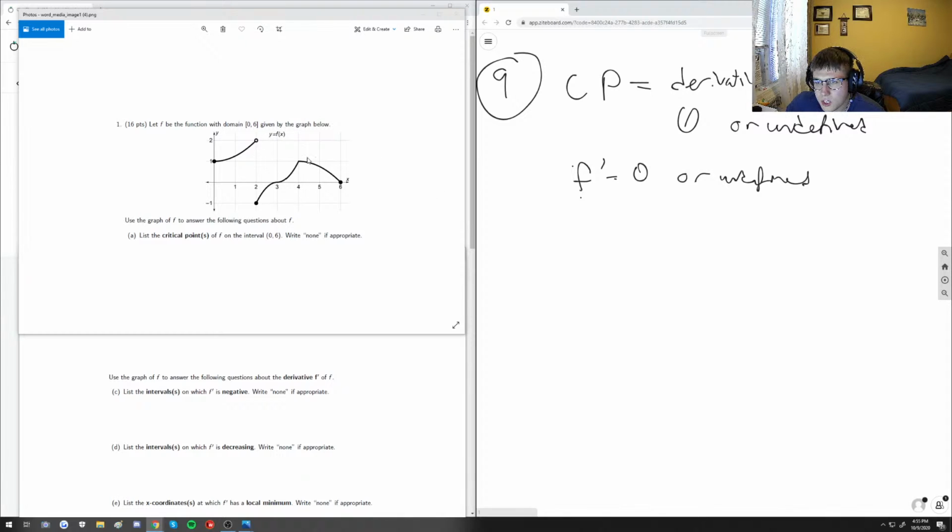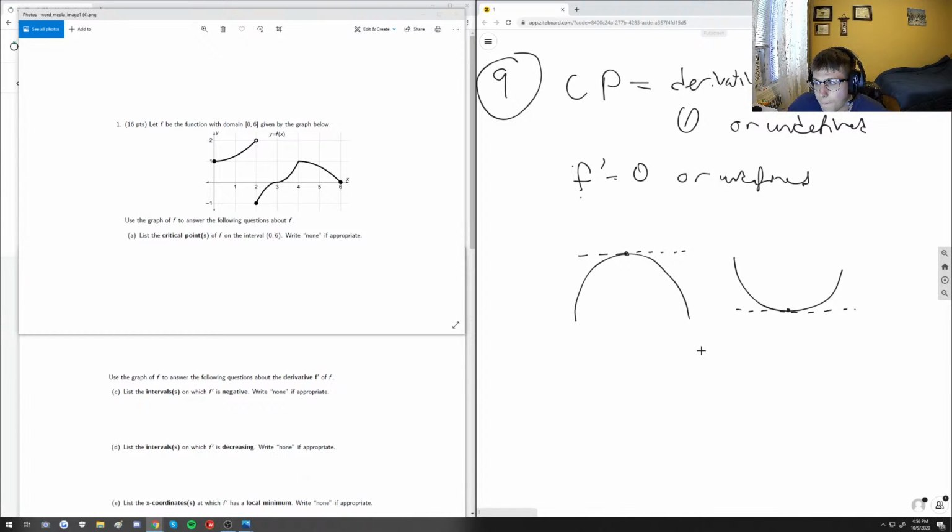Looking at this graph, we first have to find points that are differentiable. Points that are differentiable normally have to be continuous, so we can rule out some of these points, this point, and this point right here. Whenever we think of anything with a derivative of 0 or undefined, we think of maxima and minima, so this point and this point, where the derivative is 0, meaning the slope of the tangent line is perfectly horizontal.